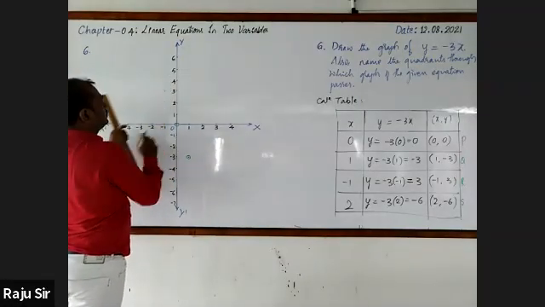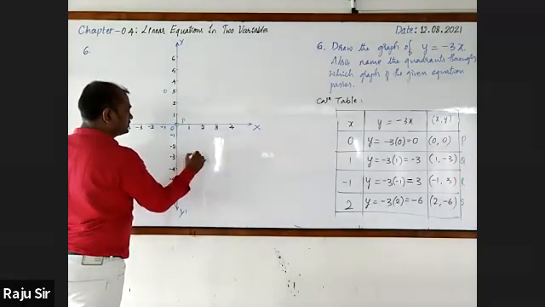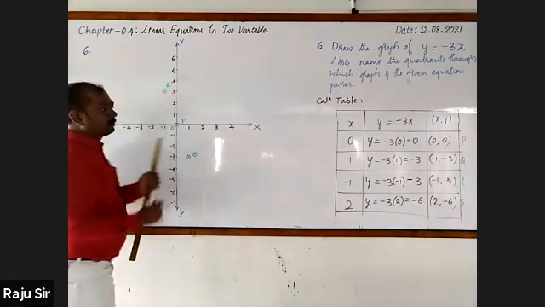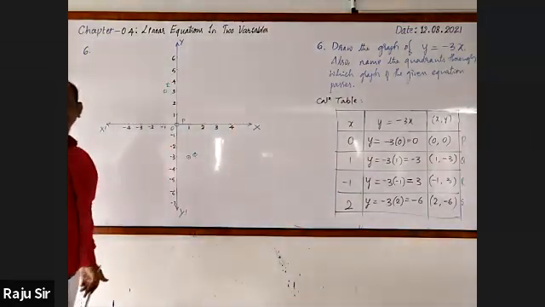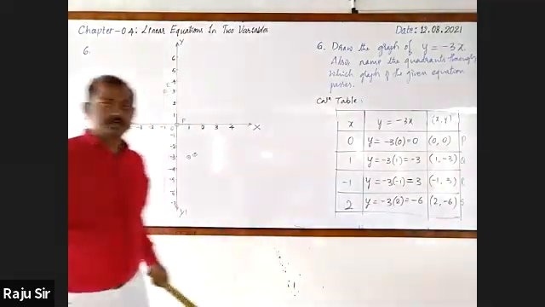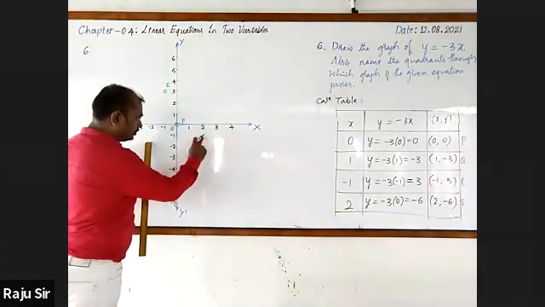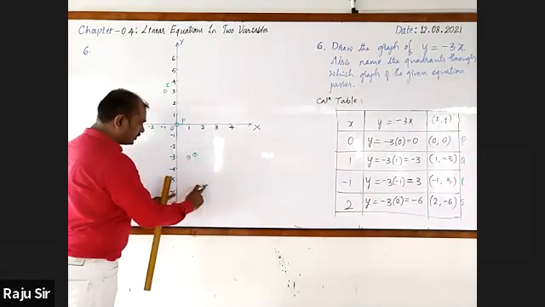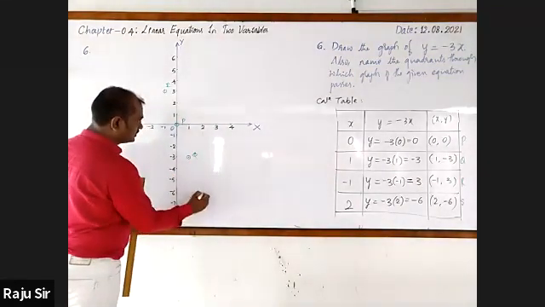That point comes here. This is P, this is Q, this is R. And one more point is there, S: 2, minus 6. It is in the 4th quadrant. Plus 2 here and minus 6 on y-axis here. Both will intersect at this point.